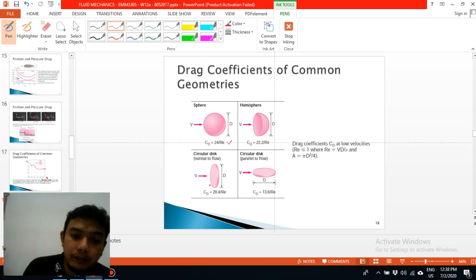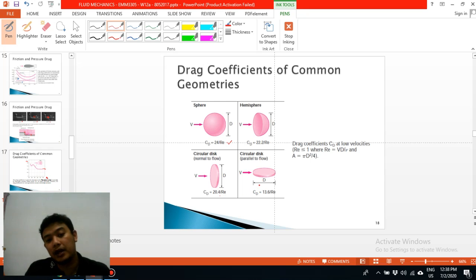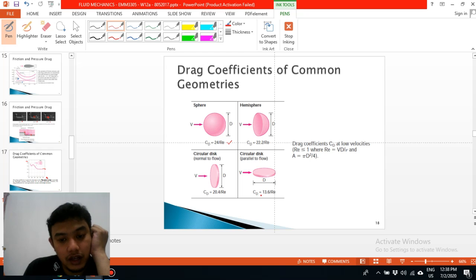For a circular plate, the CD is 20.4 divided by Reynolds number. If it's a circular plate in a parallel position, the drag will be reduced to 13.6 divided by Reynolds number. So this is the drag coefficient at low velocity.